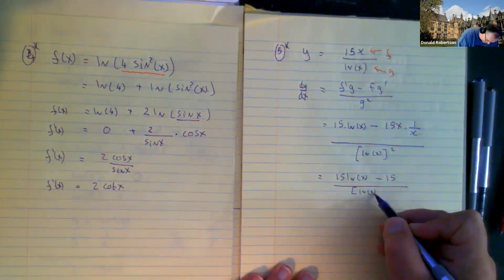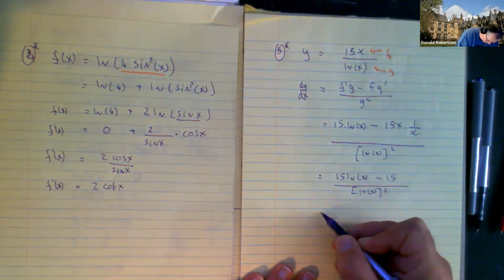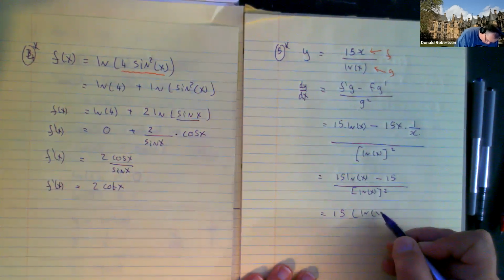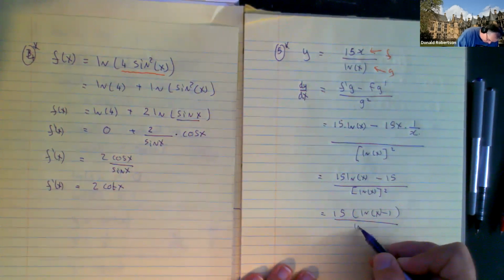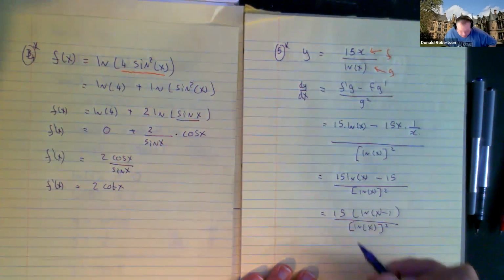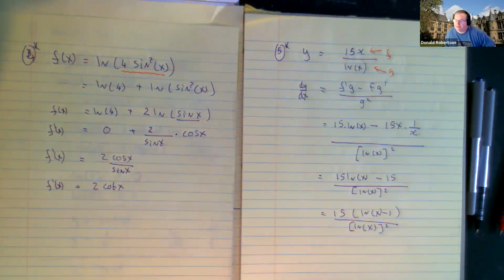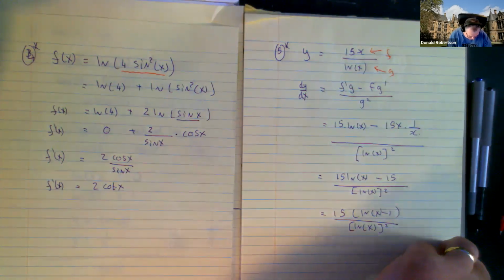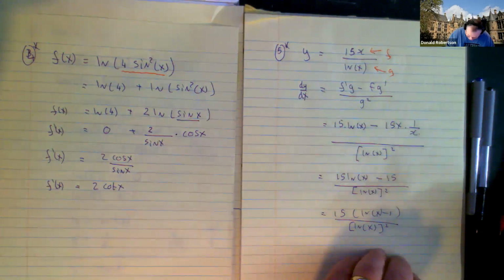And I get that. And just to be perfect, why don't I pull out a common factor of 15? Wasn't that a much more straightforward question, right? There weren't too many bits of algebra to concern us with. Any questions so far?